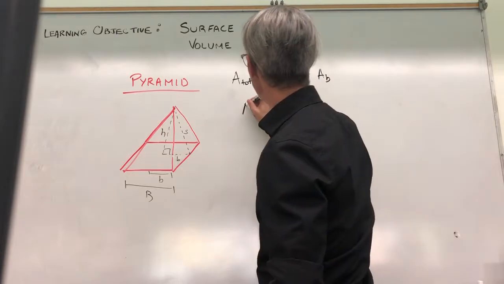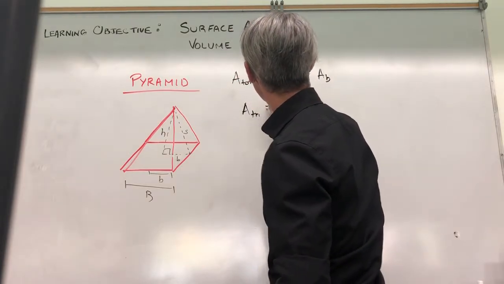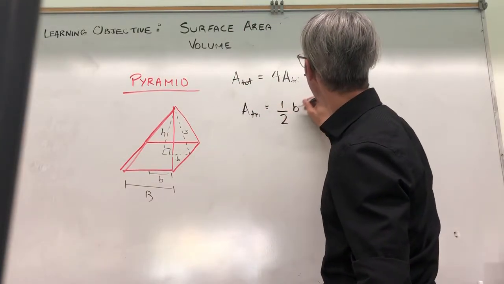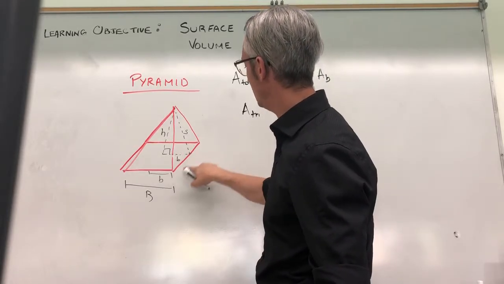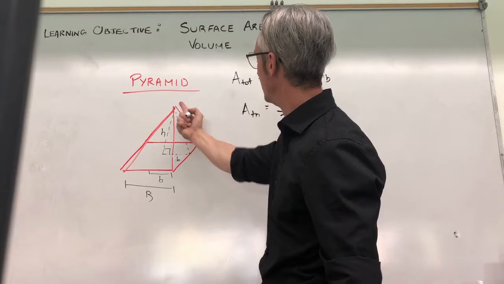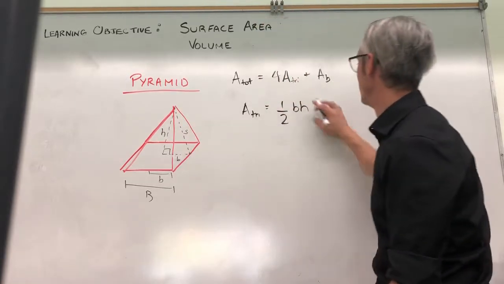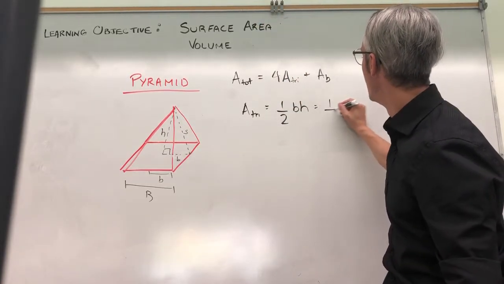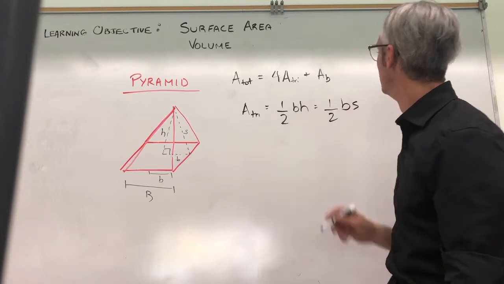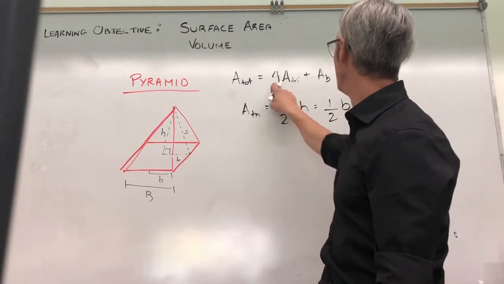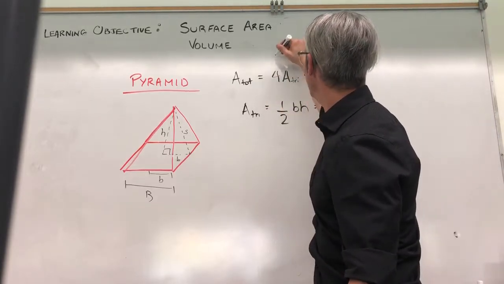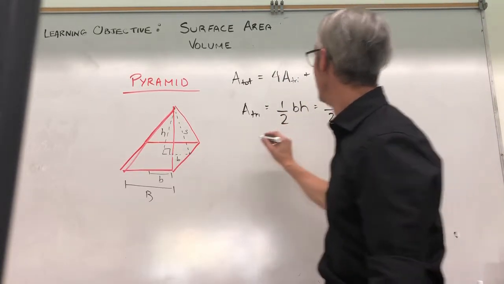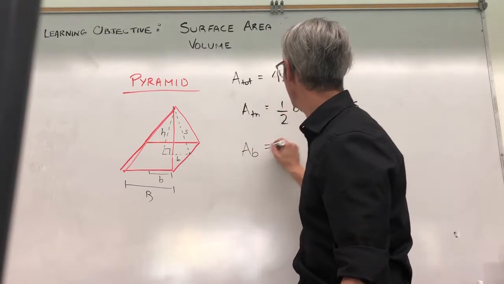What's the area of the triangle, you ask? It is 1/2 base times height, where this is the base, and this side length is the height. So it's actually 1/2 bs. And if we multiply 1/2 by 4, this becomes 2. Area of the base then is just big B squared.